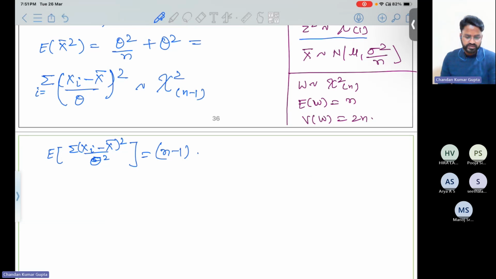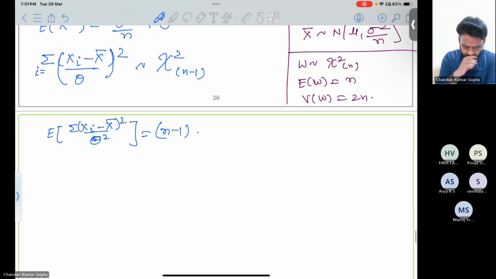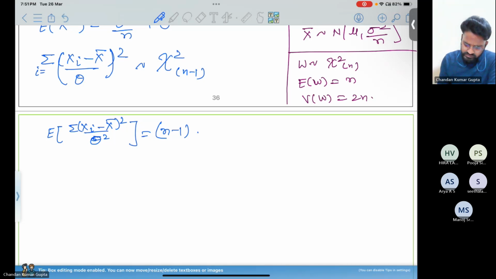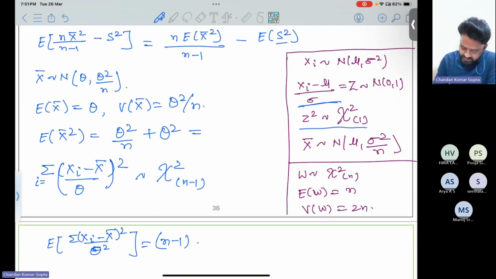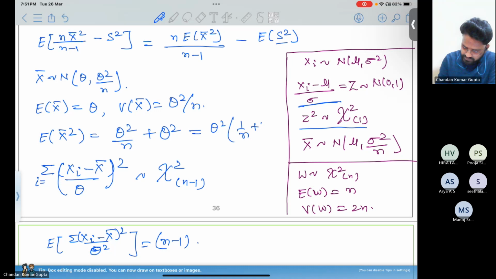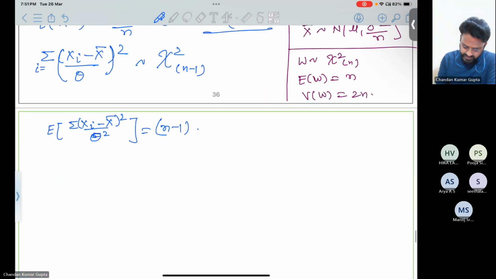So our next aim is, sorry, we have got this quantity here, and the expected value of 1 by n summation of xi minus x bar, it is theta square.